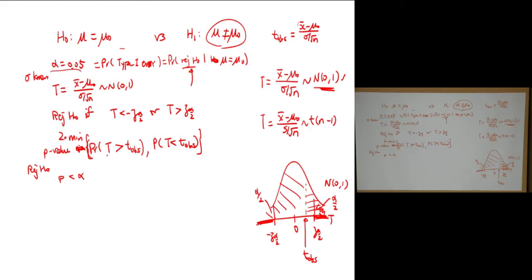So the idea is that if the p-value is small, it means the chance that you see something more extreme than what you see now is very small. In other words, what you see in fact is quite extreme. I always say that if you earn $1 million, but 99% of the people earn more than you do, you are not that rich.